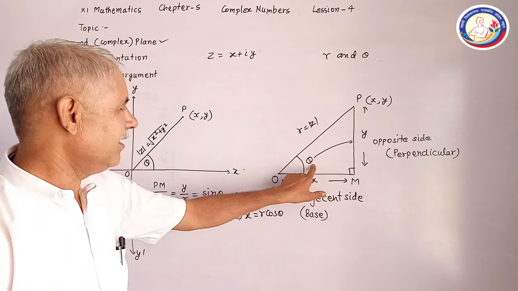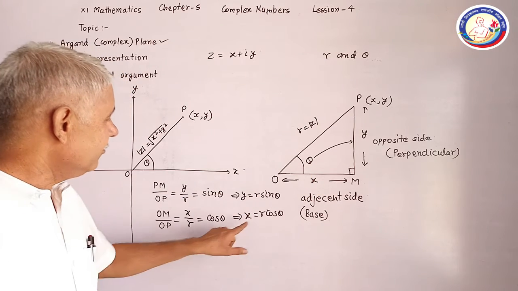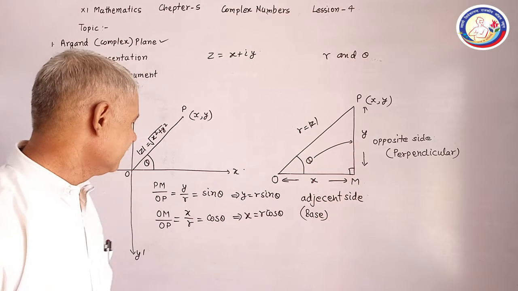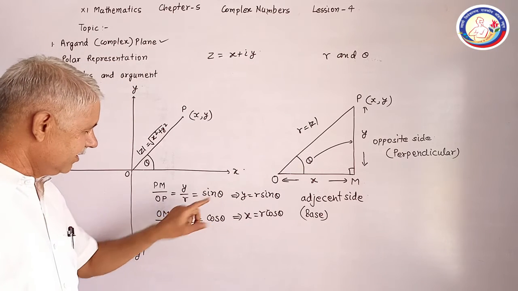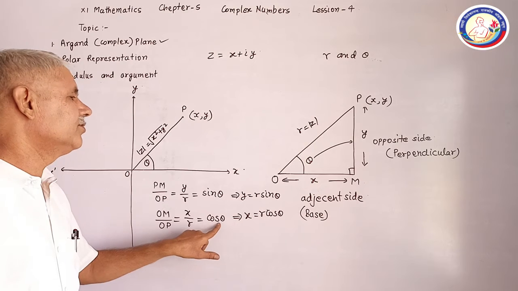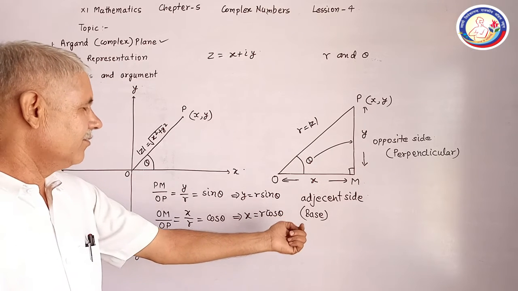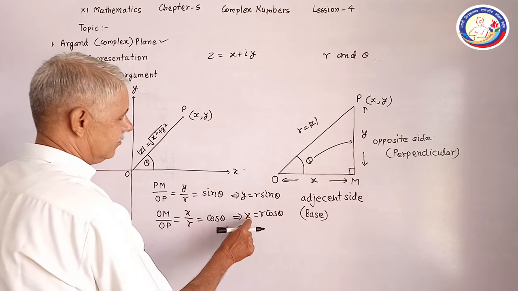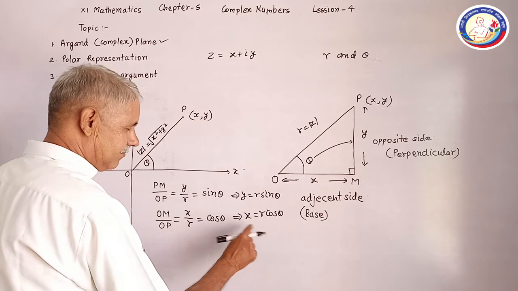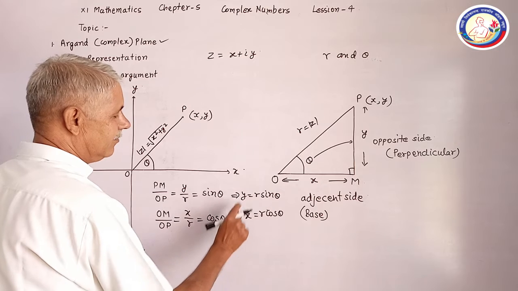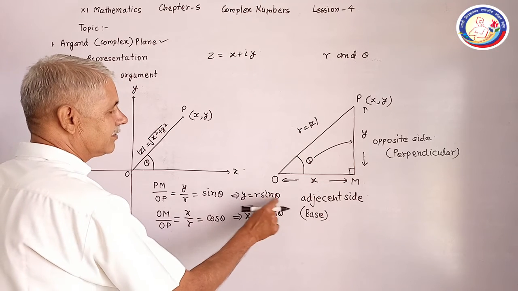Now this angle is theta. We want to find the values of x and y using r and theta. So y upon r will be sin theta and x divided by r will be cos theta by our knowledge of trigonometrical functions. So what is the value of x here in terms of r and theta? It is r cos theta. And what is y here? It is r sin theta.